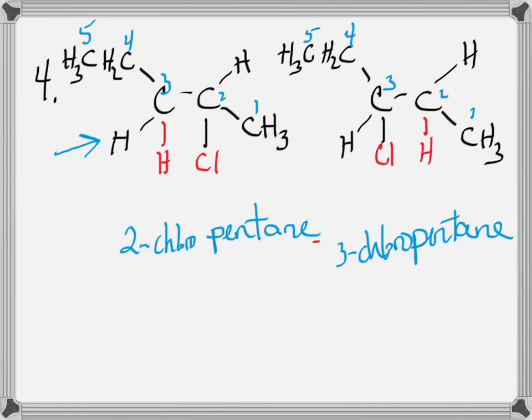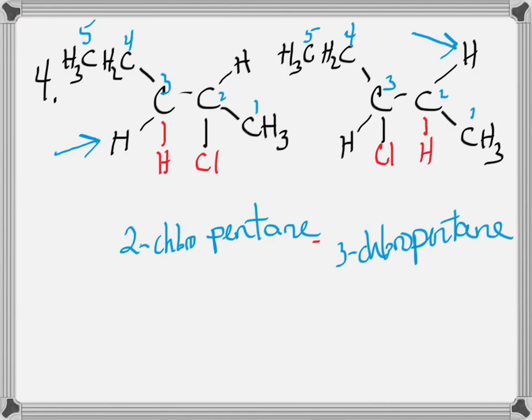Carbon 2, where the other way the hydrogen could attach to this structure, shown in red, carbon 2 is attached to a methyl group. That's not a hydrogen, and it's attached to a hydrogen. That is a hydrogen. And so carbon 2 is attached to one hydrogen. Carbon 3, the structure on the left, is attached to one hydrogen.